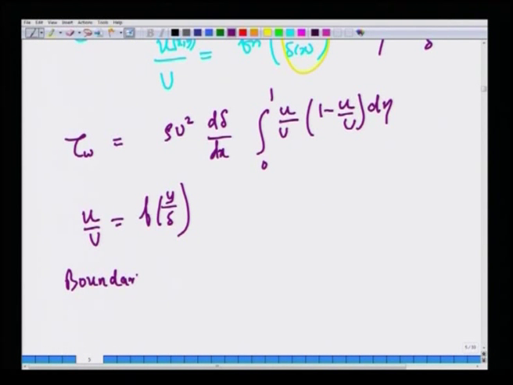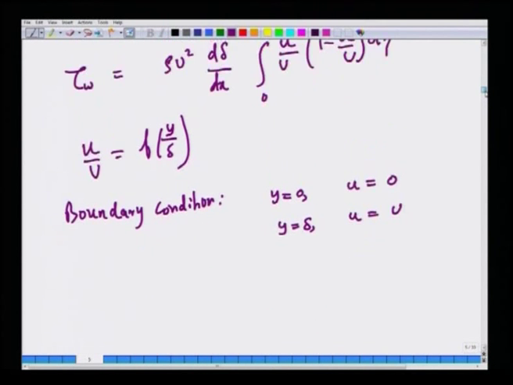Since u by U is a function only of y by delta, we can stipulate this function as follows using the boundary conditions. At y equal to 0, small u must be 0, the no slip condition. At y equals delta, small u is exactly equal to capital U. That is an assumption, because although it is only 0.99 times capital U, we are making an error here, but it's an approximate solution.